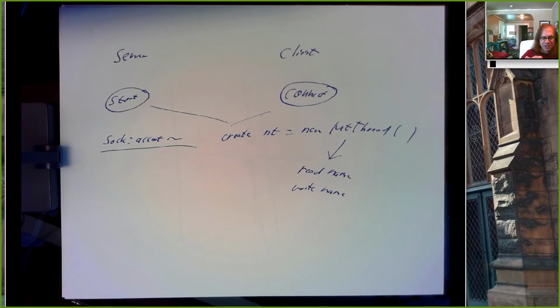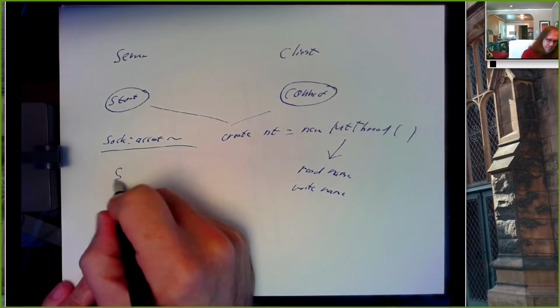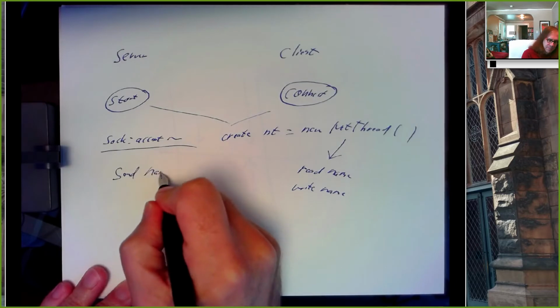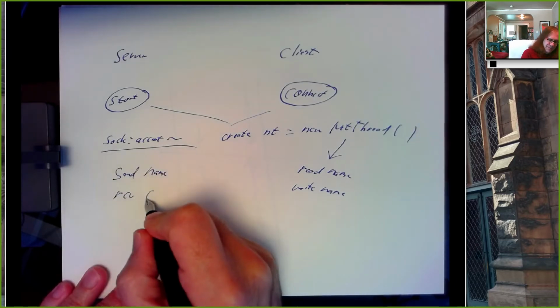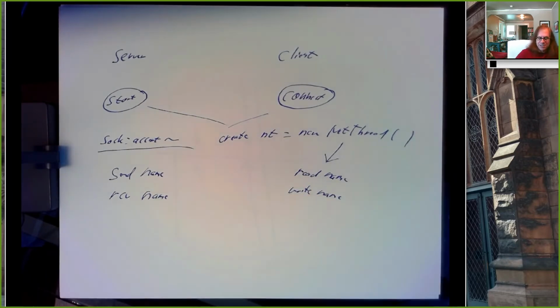If both the client and the server try to read the name from the other side first and then send their own name, you're going to have deadlock because you're both waiting to receive the name. So maybe decide that, if you're the server, you're going to send your name and then receive the name from the client. And if you're the client, maybe decide you're going to receive the name from the server and then send your own name. So you've got to have some kind of handshaking.